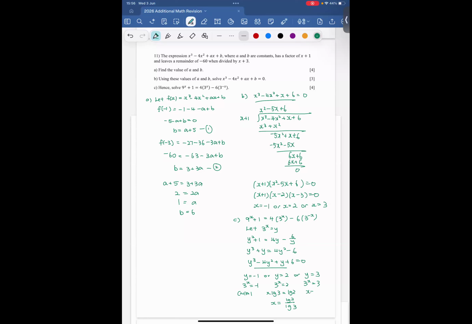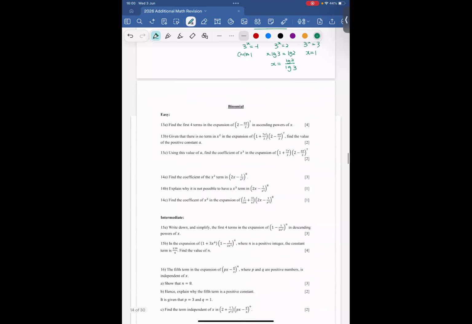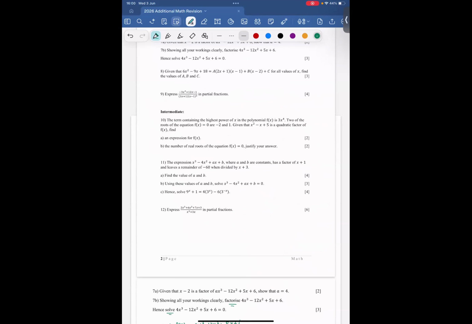This one just compare power, x equals to 1. Okay, any questions so far?